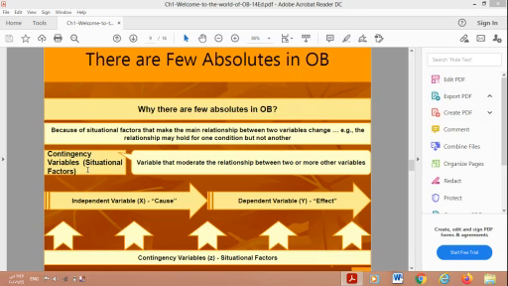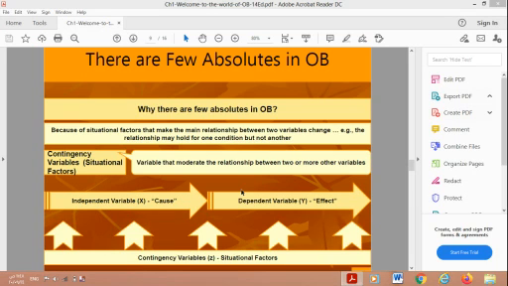Okay, so it is not a static relationship. It can vary from one situation to another. The contingency variables, situational factors, are the variables that moderate the relationship between two or more other variables. It is the variable that moderates the relationship between the cause and effect, or between the independent and dependent variables.